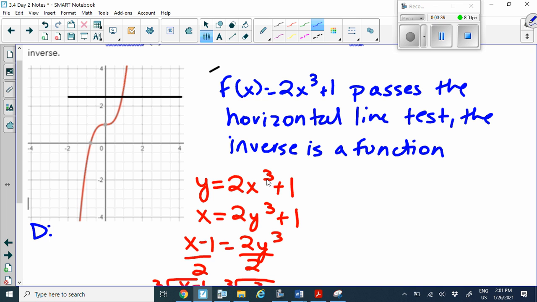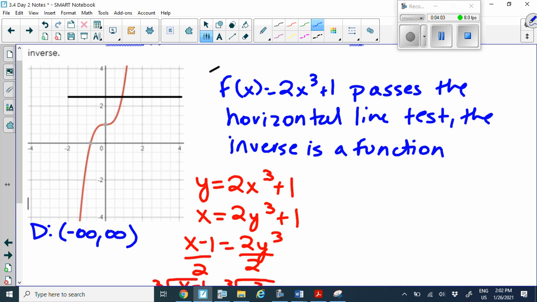We have an x cubed, our degree is 3, that's odd, and we have a positive leading coefficient. So going back to the polynomials unit, that means it's going to go down and up forever. So here, the domain goes from negative infinity to positive infinity.